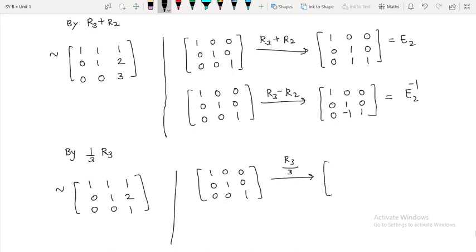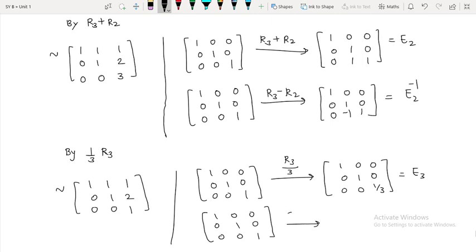So it is nothing but 1 0 0, 0 1 0, 0 0 1 upon 3, and this is E3, I guess. And this will be 1 0 0, 0 1 0, 0 0 1, and it will be 3R3, isn't it? So it will be 1 0 0, 0 1 0, and 0 0 3, and this is our E3 inverse.